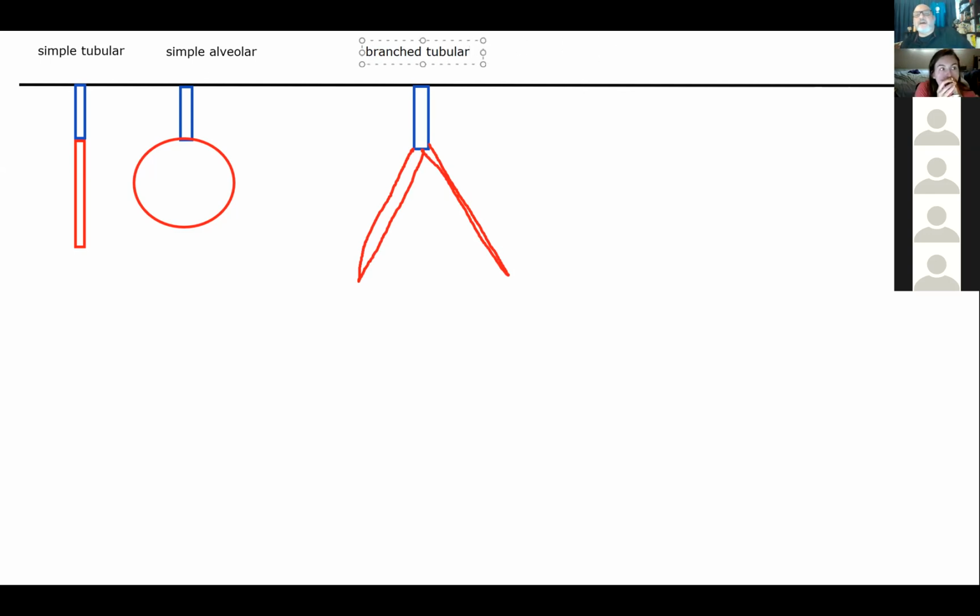Or if I had one duct with three ball-shaped secretory structures connected to it, what would that be?